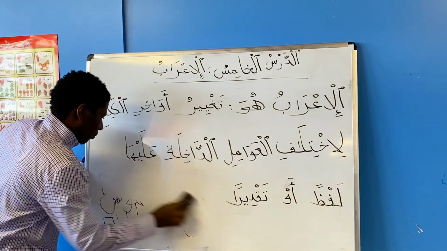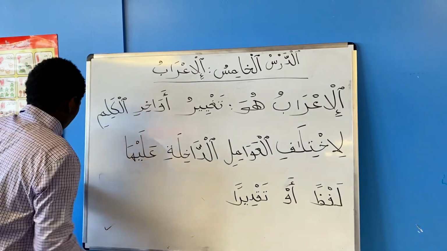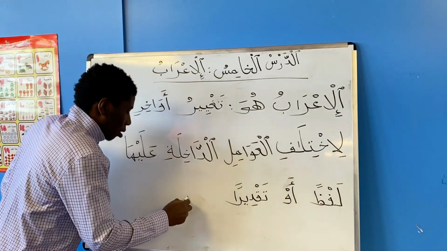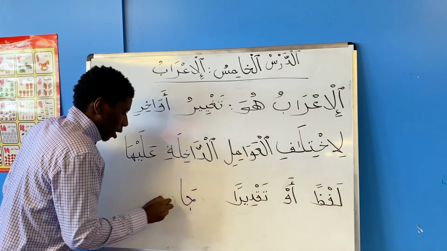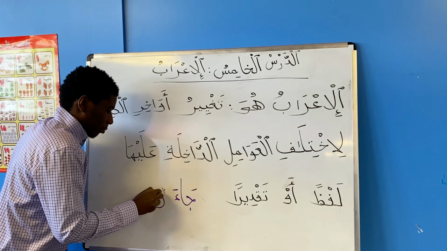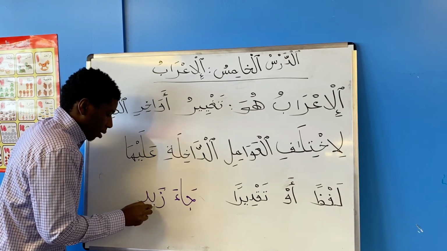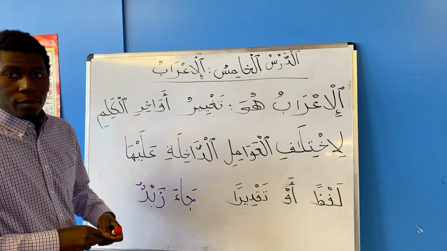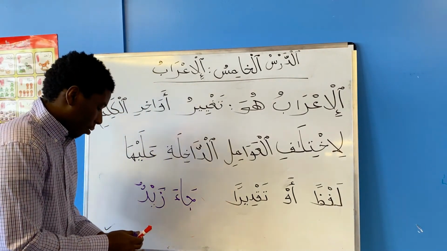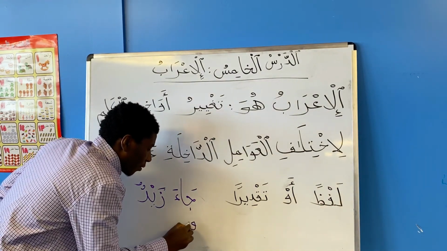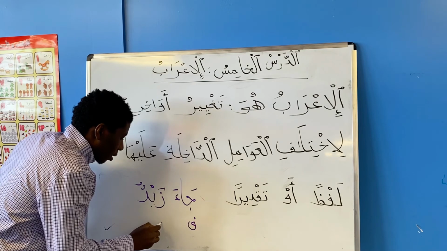For example, if I say Ja'a Zaydun, that's a common name in the grammar. Ja'a Zaydun. So here is my verb, right? So I use fa for fi'l, so I use the fa for verb, and here is ism.